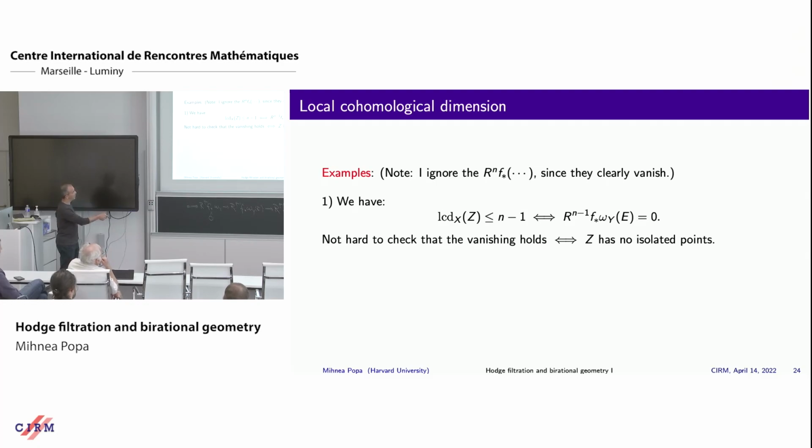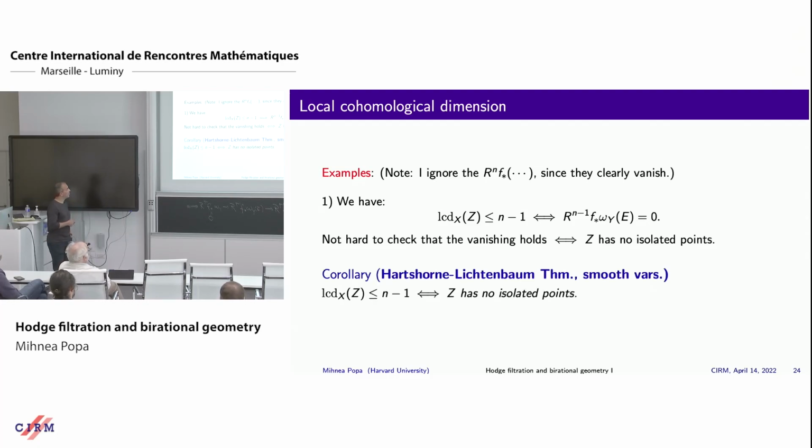You have to check the vanishing of one direct image of a line bundle. And now you do the calculation, like you really look at what maps to points, what doesn't map to points. You do some standard calculations with log resolutions, and it's not too hard to check that this is equivalent to exactly that there are no isolated points. Okay?